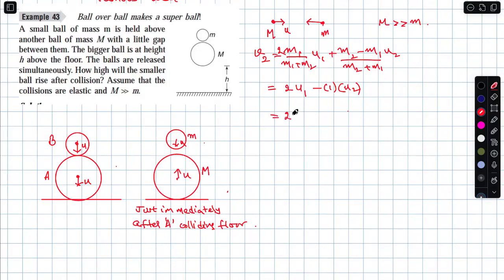Again 2 times u minus 1 times minus u. Overall, this is 3u. That's all. With 3u, how high it will go? The maximum height after collision is 9u square by 2g. Very, very famous question.